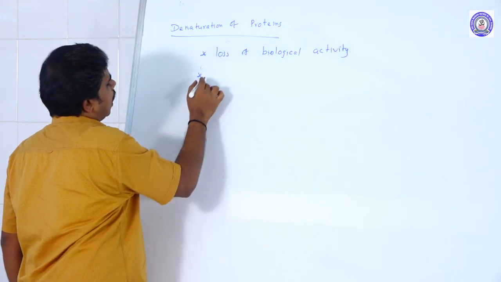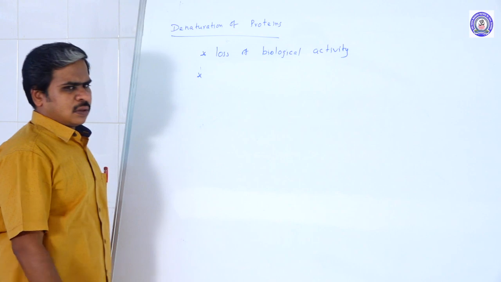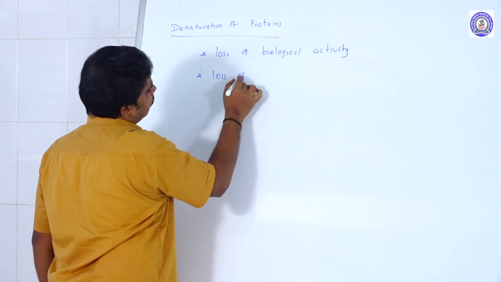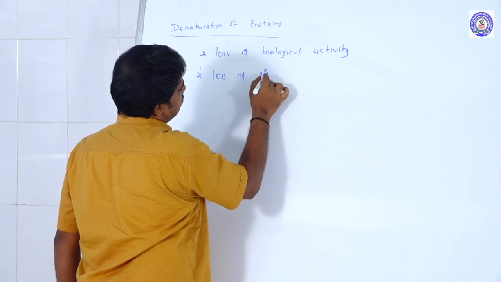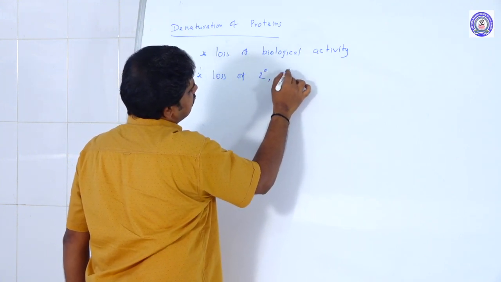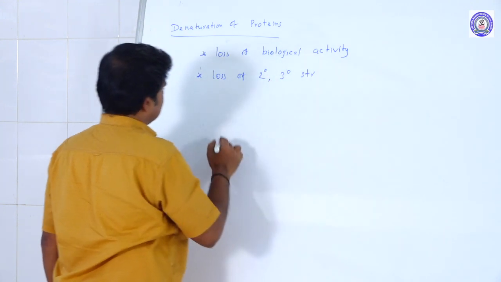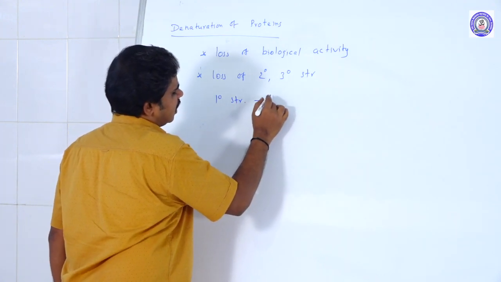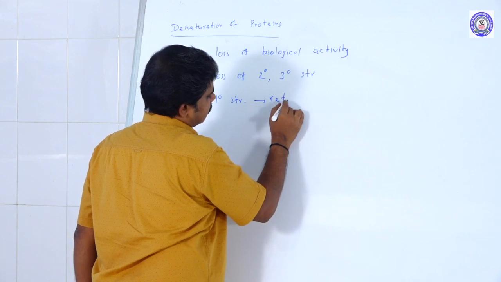On denaturation, there is only the loss of secondary and tertiary structure, and the primary structure of the protein is retained.